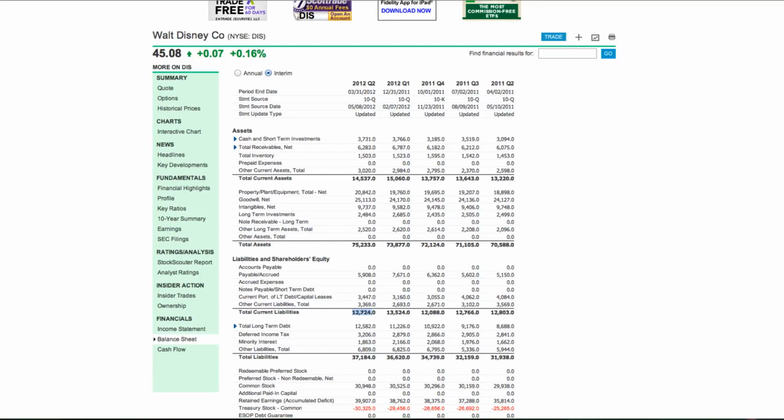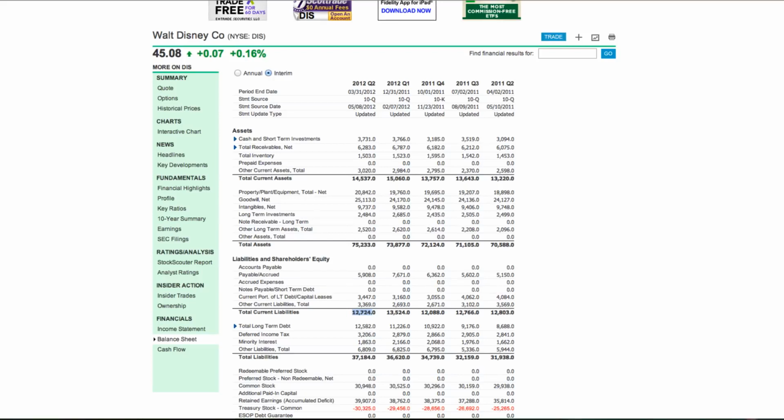It's still above the 1.0, which is really your absolute cutoff. You can't be buying companies with a current ratio below 1.0. So it's above the 1.0 mark, but it's not as high as we'd like to see at the 1.5 level. On the stock market right now, you can go out and find companies that have a current ratio over 2.0 or 3.0.